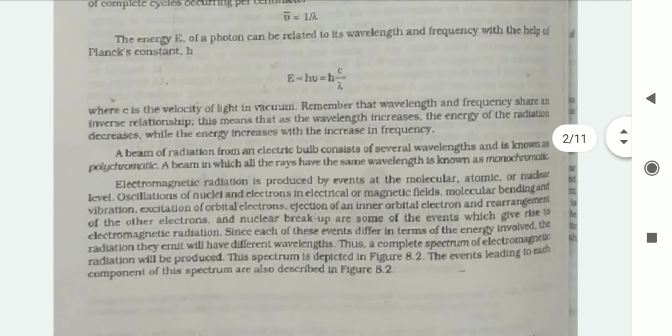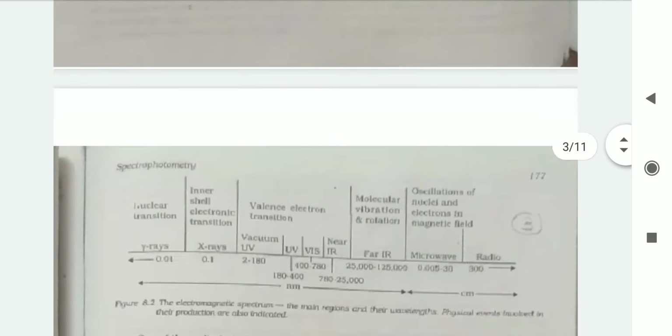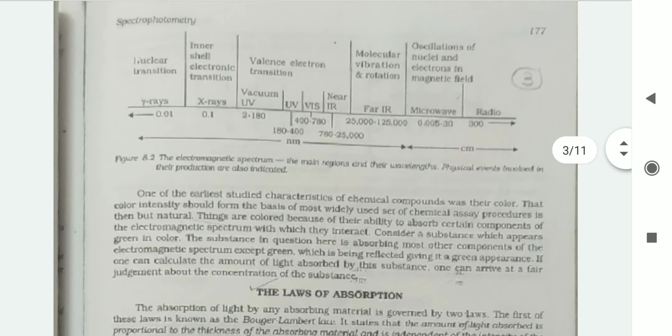Then, as we said, the electromagnetic spectrum will have different wavelengths, and these different wavelengths give us different types of waves, different types of lights or rays.